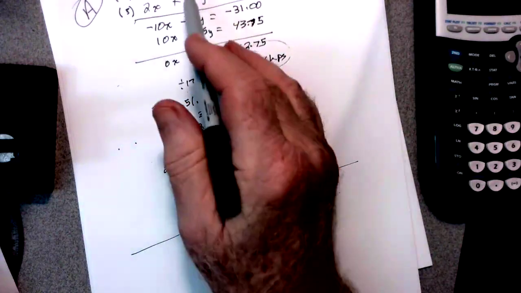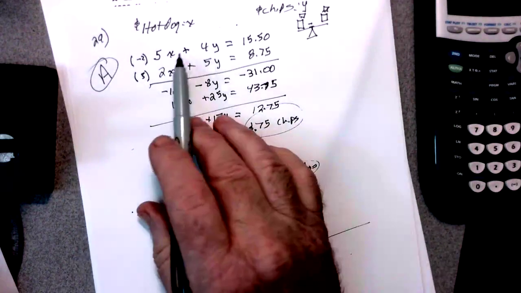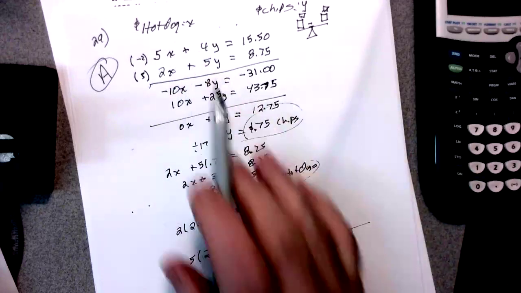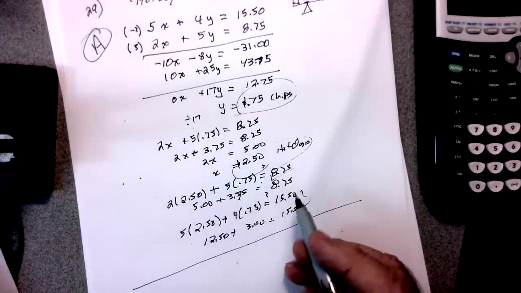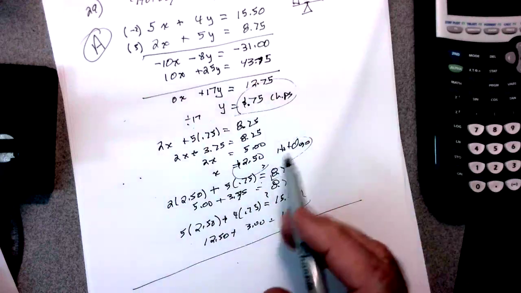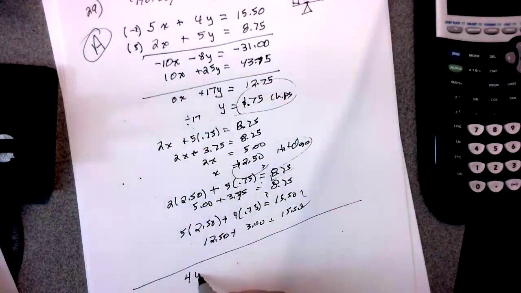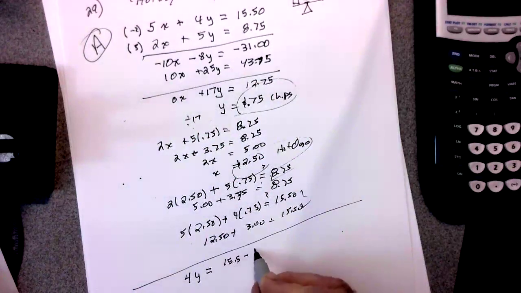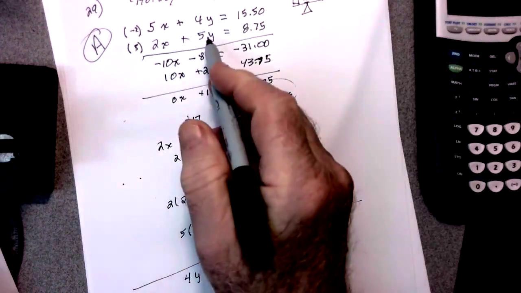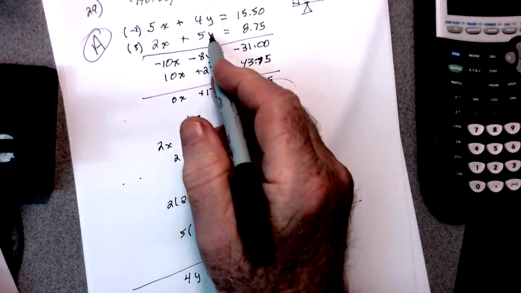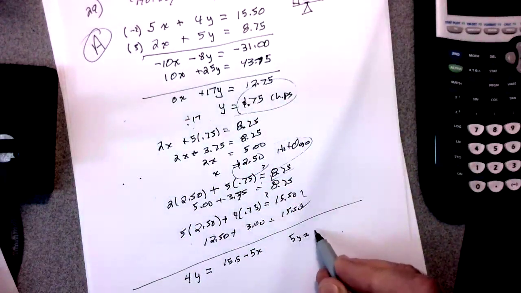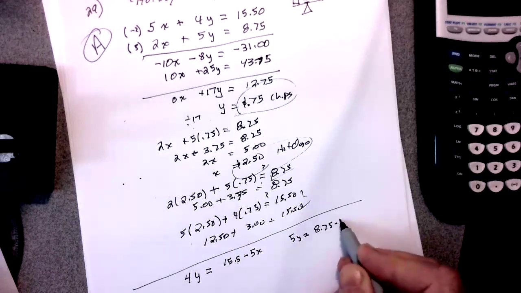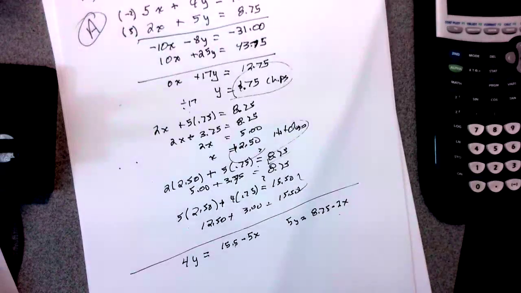I'm going to take this equation, the 5x plus 4y, and I'm going to rewrite it such that 4y is equal to 15.5 minus 5x, and then I'm going to rewrite this equation such that 5y is equal to 8.75 minus 2x.